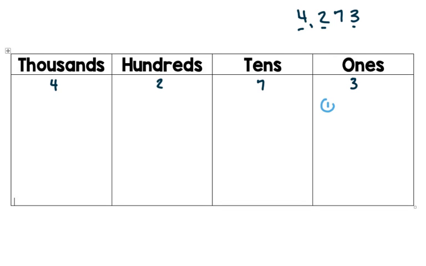Now I'm going to draw my picture. So I have 3 ones. 1, 2, 3. When I count those up, I just count 3. So that digit is worth 3. Let's do the next one. It says that I have 7 tens. So now I'm going to draw a picture that represents that.